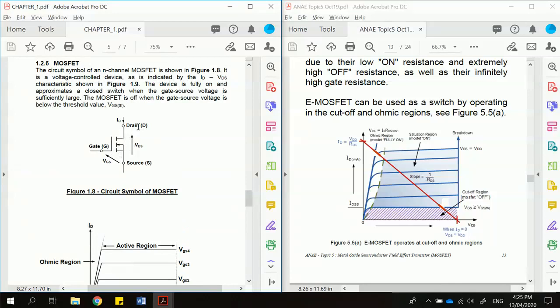This whole thing is the switch. D and S is the voltage across the switch. So when the switch is closed in the ohmic region, we want D and S to be as small as possible. So that's why it is closer to the 0 volt.